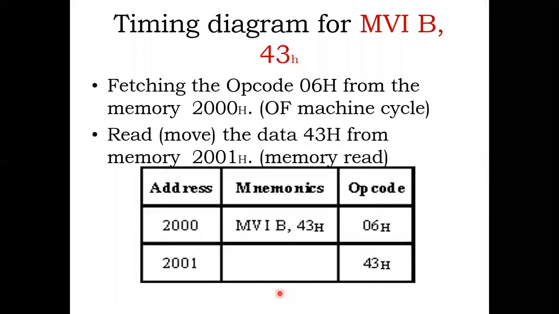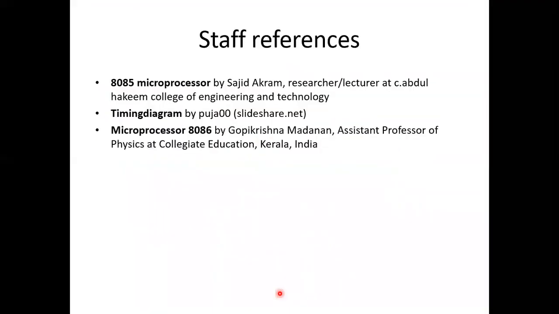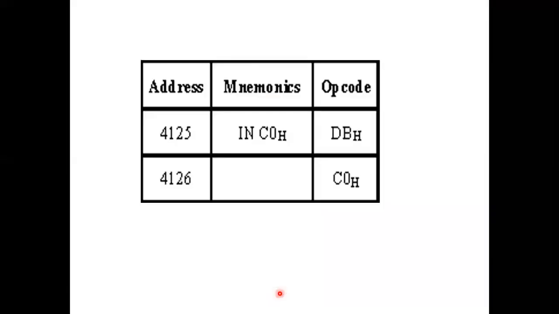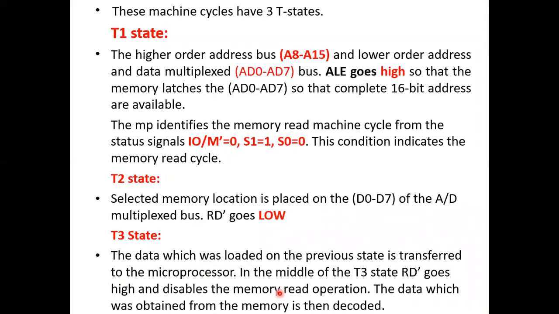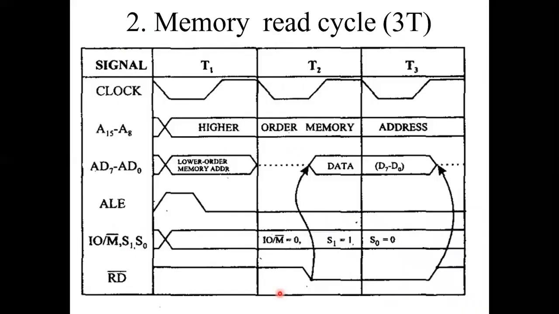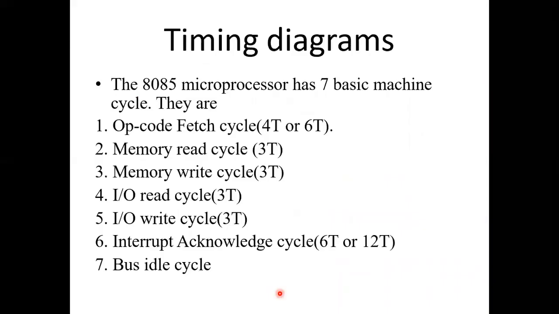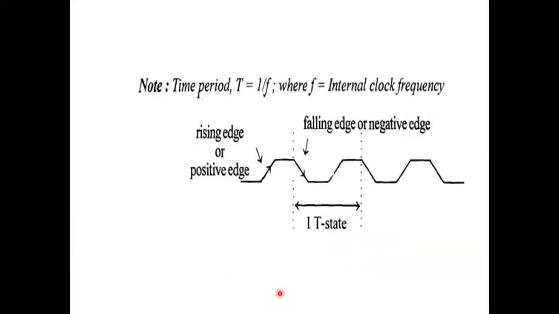So we have other different kinds of timing diagrams like this. So this is the 8085 timing diagram. The simple concept is that a timing diagram is a graphical representation of the execution of an instruction.